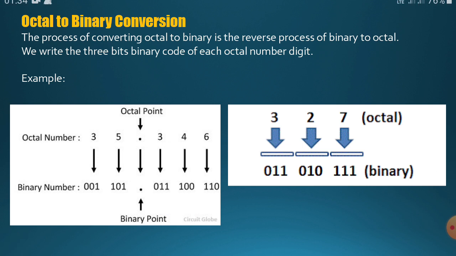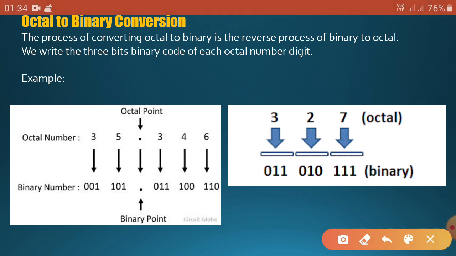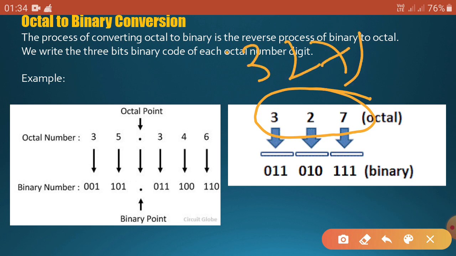This is octal to binary number system conversion. The process of converting octal to binary is the reverse process of binary to octal. We have to write the 3-bit binary code of each octal digit. Suppose we are taking this example 327, it is in octal, we have to convert it into binary.